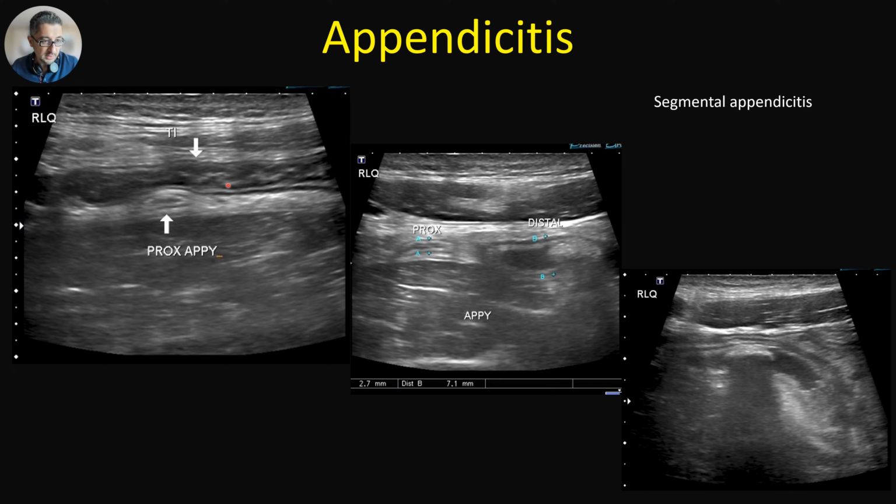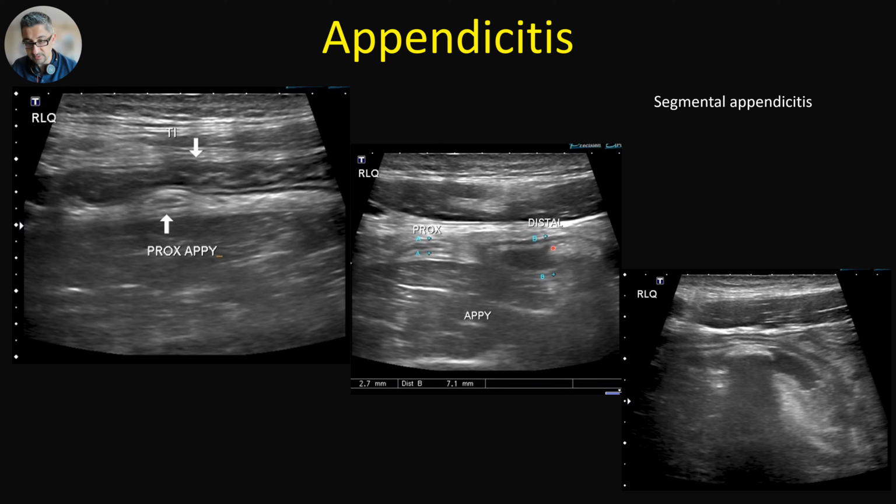Another example of an appendicitis that is actually right beneath the terminal ileum. As you can see here, it looks normal proximally, but be careful, the proximal looks normal, measuring 2.7, but the distal appendix is measuring 7.1 millimeter, and there is an appendicolite in it.